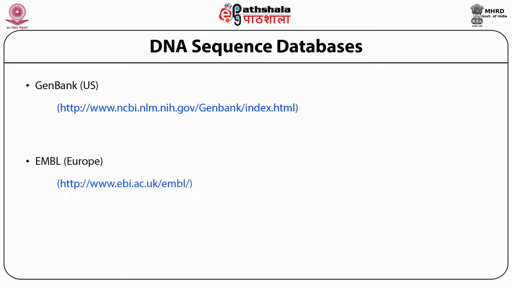Another is the European database, the European Molecular Biology Laboratory, EMBL, which is hosted at the EBI website and used directly from there. The third is from Japan, the DNA Data Bank of Japan, and all these databases store information about DNA sequences.